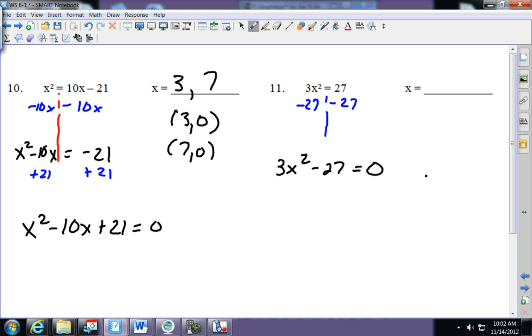This is A and C. It's ax squared plus bx plus c equals 0. B is the number that's with the x. There is no x term in this one. But all we need to do right now is set it equal to 0.